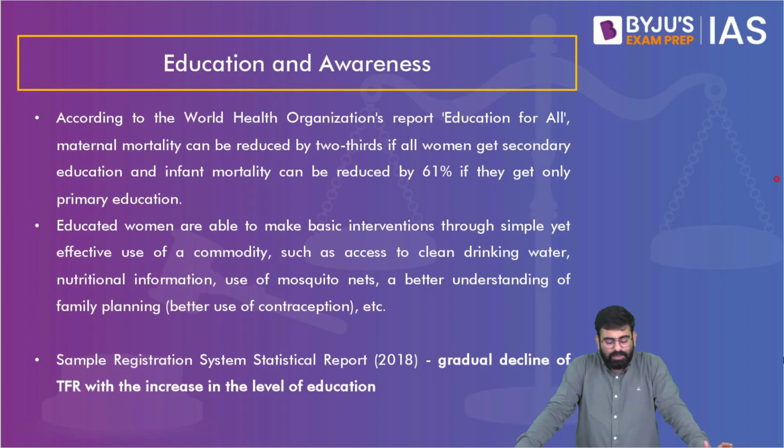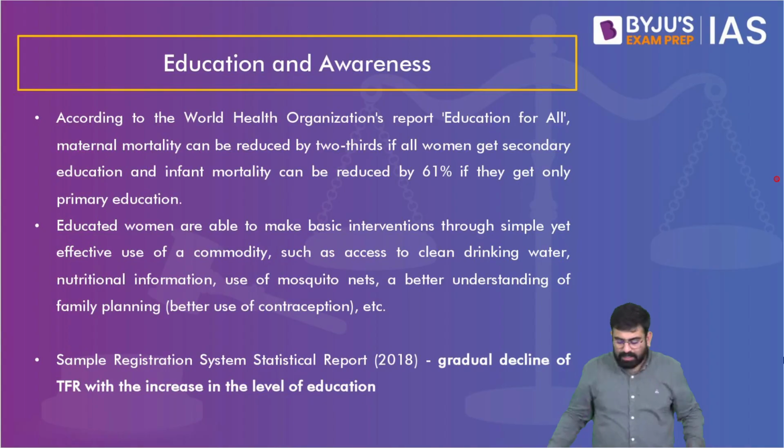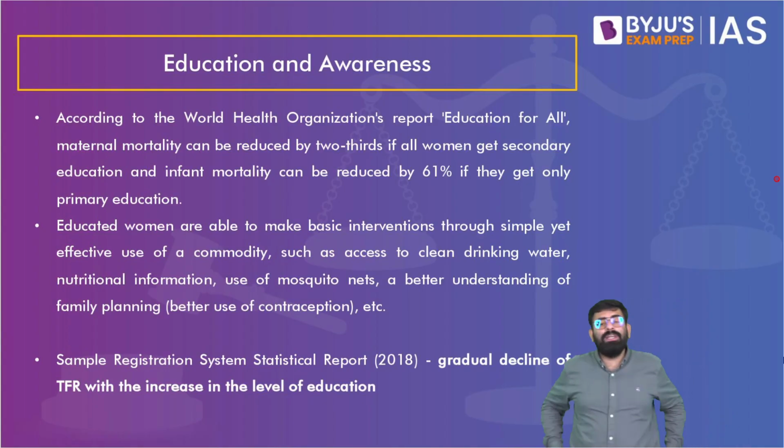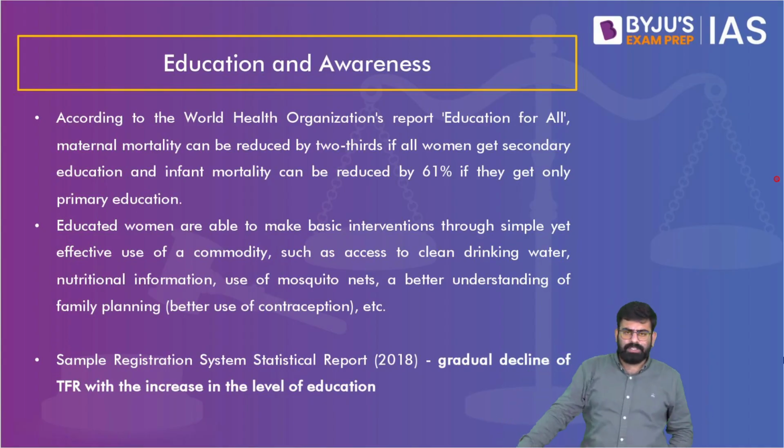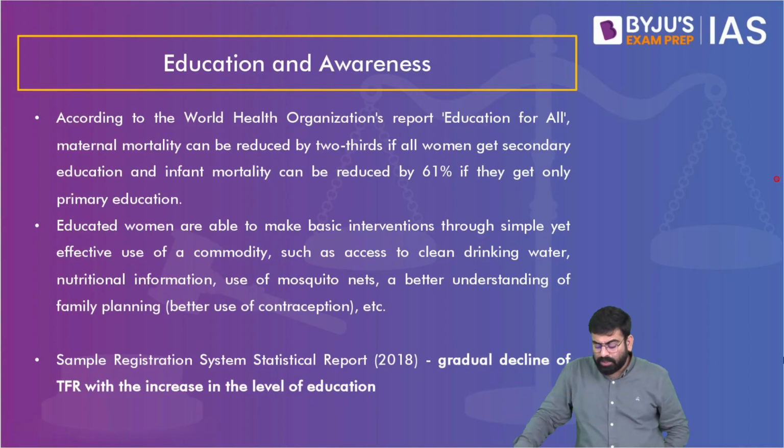Now think of the role of education and awareness. If you remember, we were saying that various other indicators of health can be total fertility rate. In women, we were talking about total fertility rate, and we had discussed a question on how spreading education and awareness among women, or how women empowerment, can actually help control population growth.